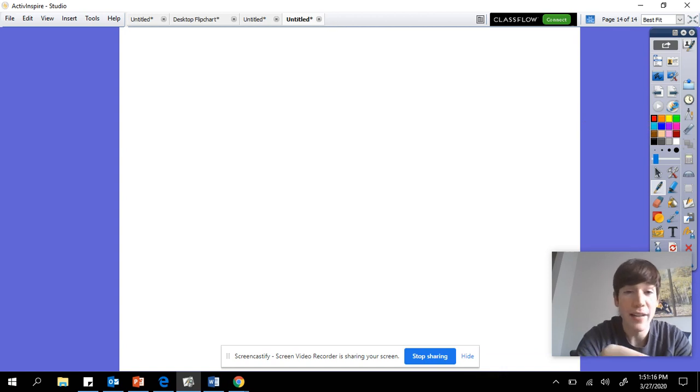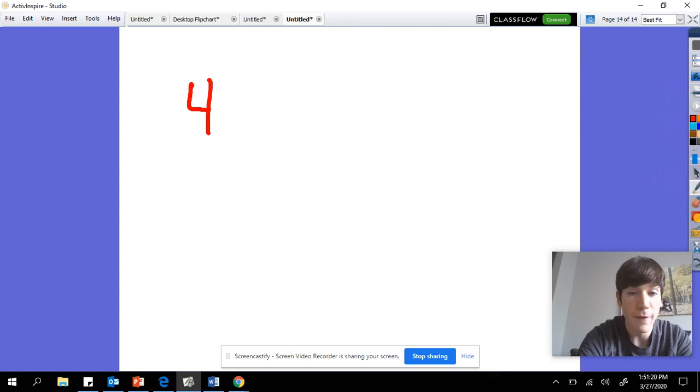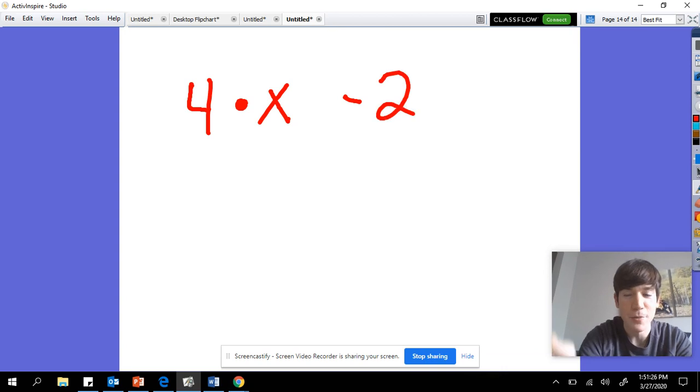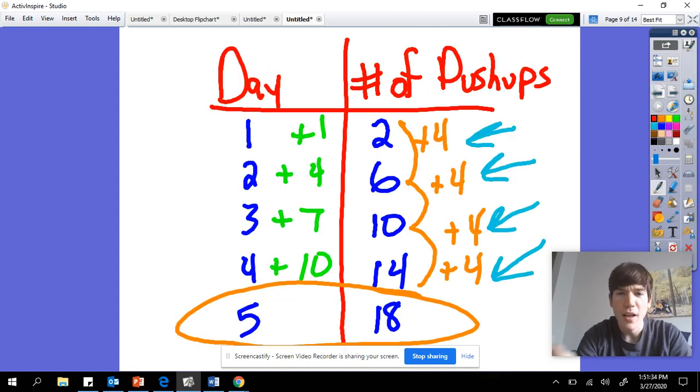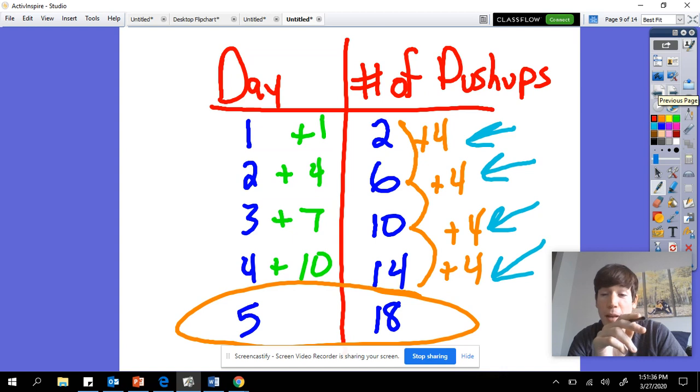One pattern that you may have seen as well is if you take 4 and multiply by the day number and then subtract 2, you will always get the number of push-ups. So 4 times x minus 2, let's see if it works. Day 1, 4 times 1 is 4, minus 2 is 2.